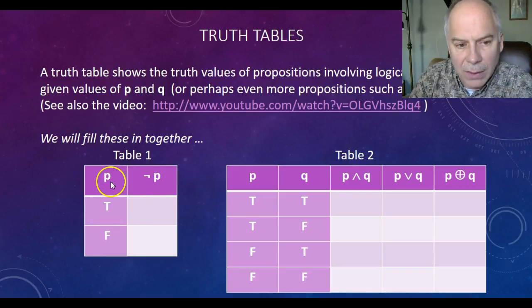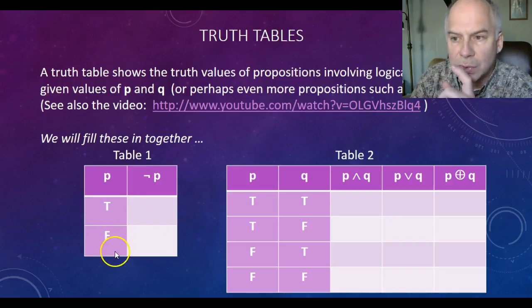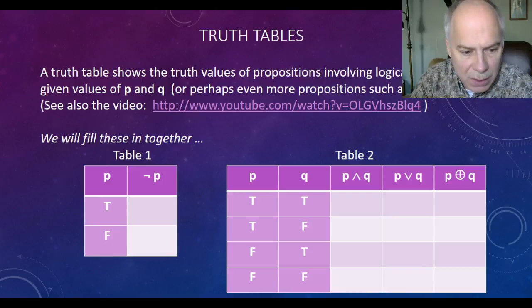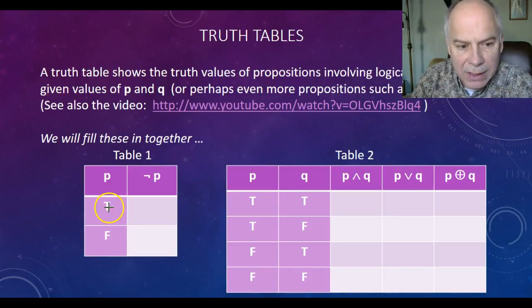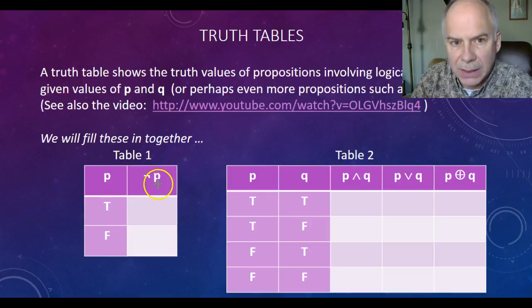Now, in the case of when you only have one proposition, P, there's only two options. It's either true or it's false. So that's why I only have 2 rows in this truth table. So I've got either true or false. Now, what did we say about the negation of P?